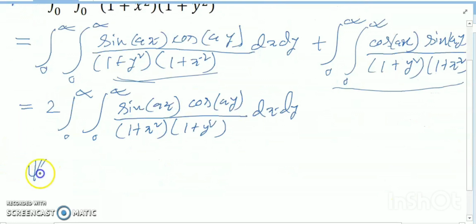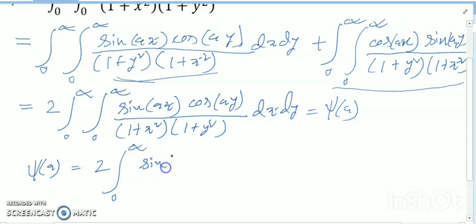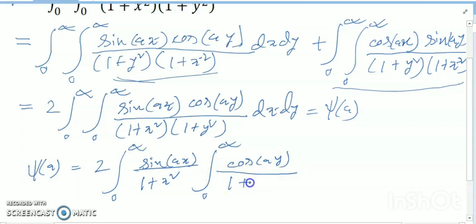So psi a equals 2 into, okay, psi a can be written as the integral from 0 to infinity of sine ax divided by 1 plus x square into the integral from 0 to infinity of cos ay divided by 1 plus y square, dx dy.